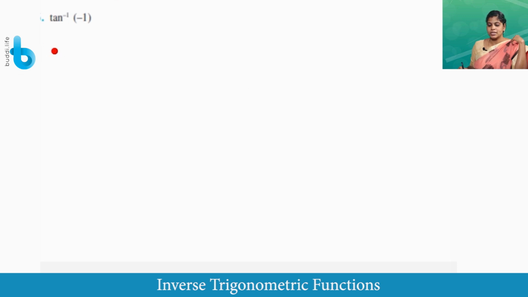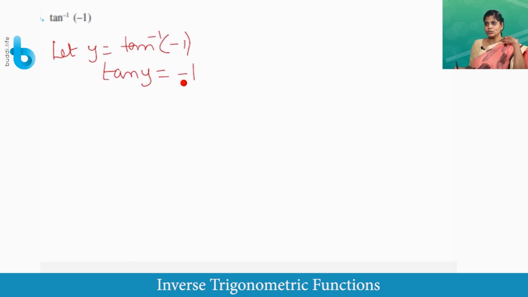Next question is tan inverse of minus 1. So let us assume, let y equal to tan inverse of minus 1. So tan y equal to minus 1. So which value of tan gives you 1? Pi by 4, right?